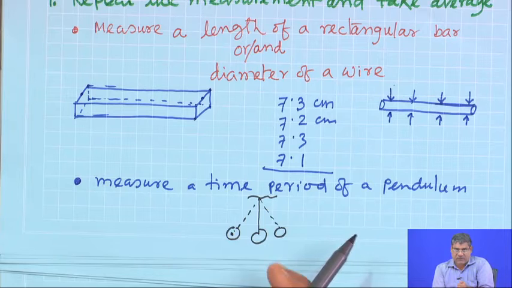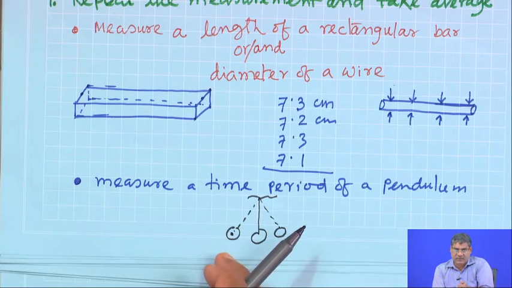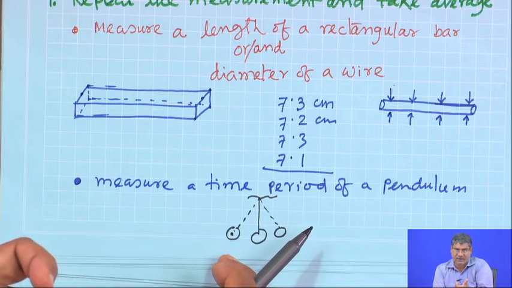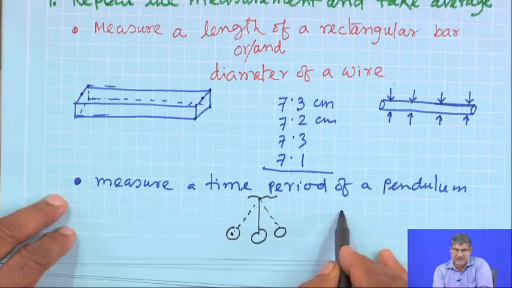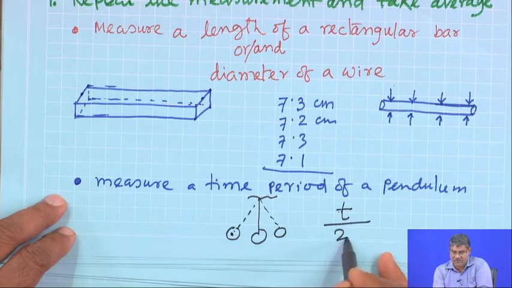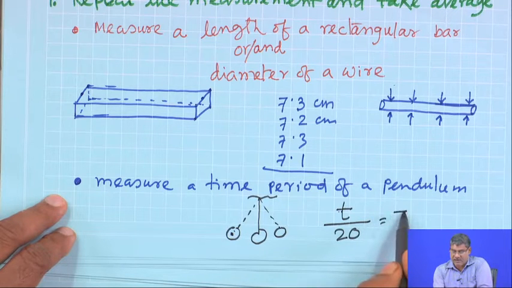So, for 20 complete oscillations, what is the time? I will stop the watch and find out the time. Now my average time period is this total time divided by 20. So, that will give you the time period.